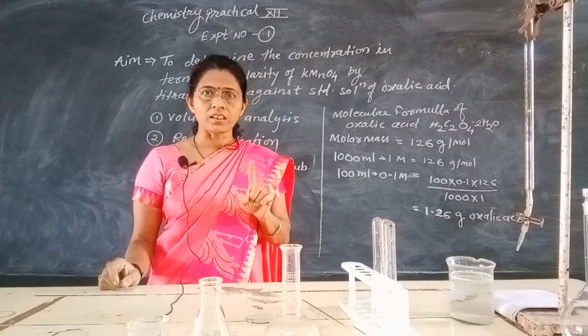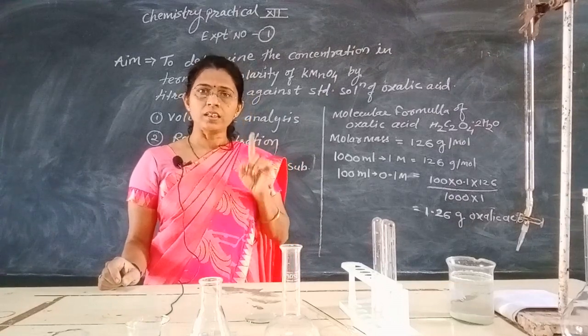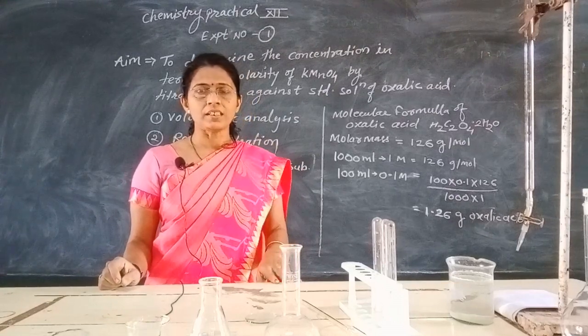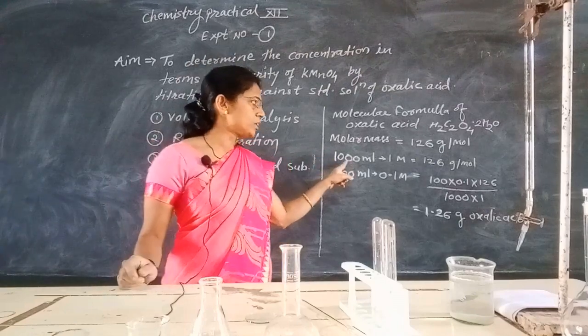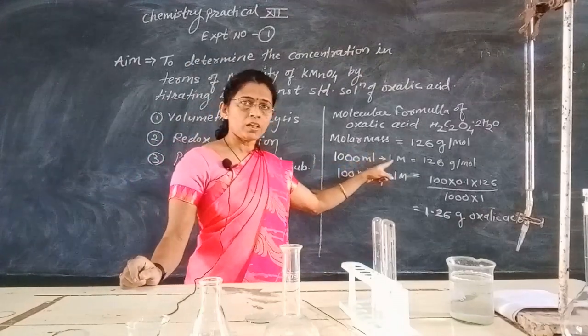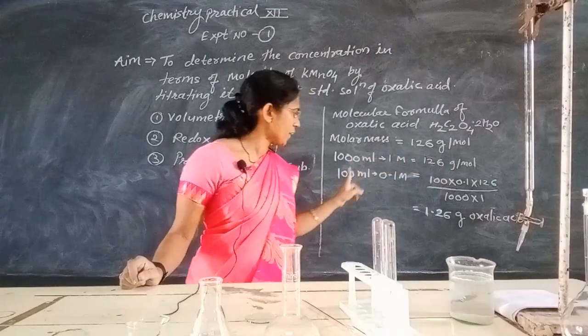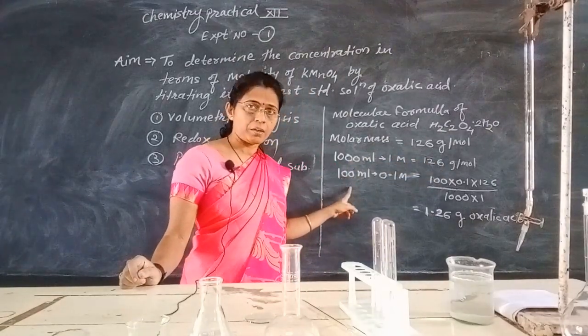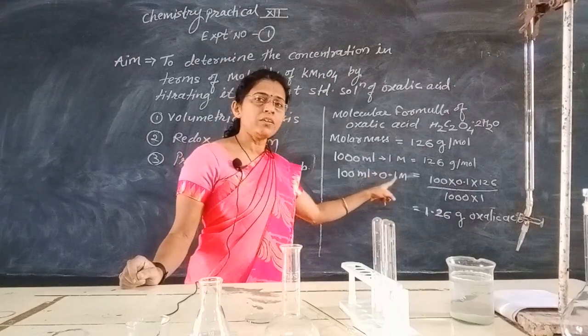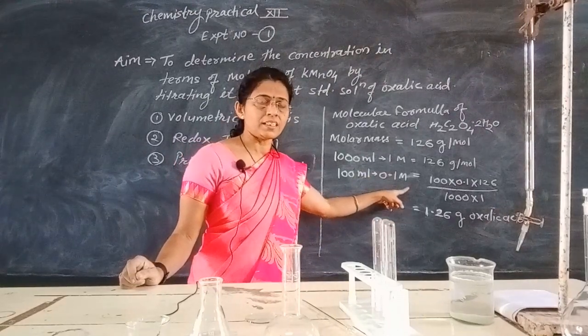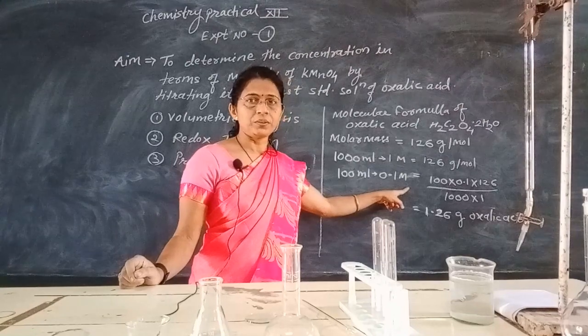But for chemistry practical purposes, each student needs about 100 ml of oxalic acid. So 1000 ml of 1 molar oxalic acid needs 126 gram. I want to prepare 100 ml of 0.1 molar oxalic acid. So how much should I take?